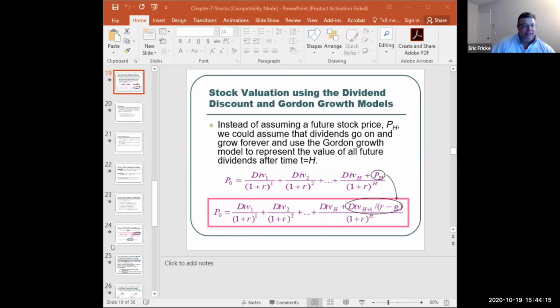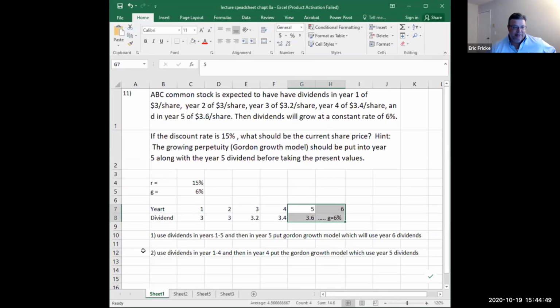Let me just switch back over to the spreadsheet so I'm more clear on that. If we forecast out, let's say 4 years, so H is 4, that means right here we have the dividend in year 4, and we're discounting back 4 periods. But the Gordon growth model is going to have the year 5 dividend because it says H plus 1. So that's kind of like this number 2 method right here.